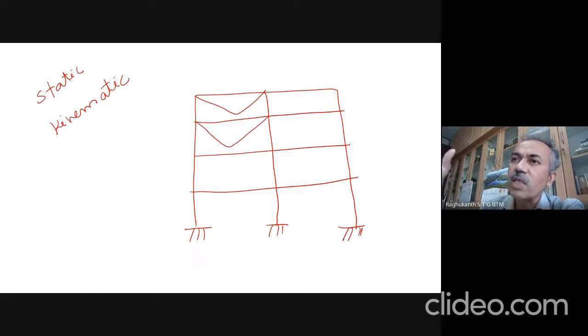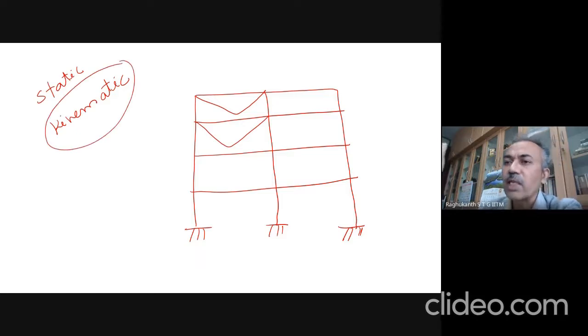For these types of things, the incremental method which I showed you in the starting may be easy for computer programming and other things. You can use these methods also, but you may have to consider so many mechanisms and you have to be careful. Among all the mechanisms, you have to take care to find which is the lowest in your calculations.